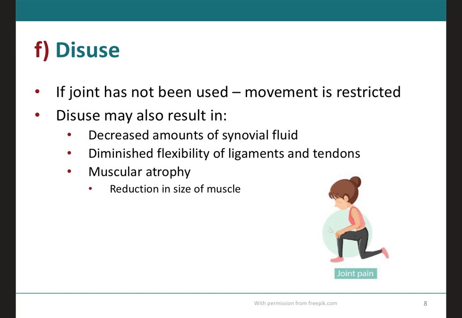This disuse, which means that you're not really using your elbow joint in this case, may also result in a decreased amount of synovial fluid, which will then diminish the flexibility of the ligaments and the tendons and also cause muscular atrophy, which we talked about already, which is a reduction in the size of the muscle. So it's very important that you move as much as possible, because not moving actually restricts the movement and makes it even worse as time goes by.